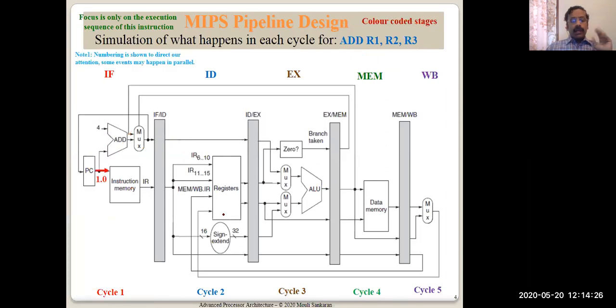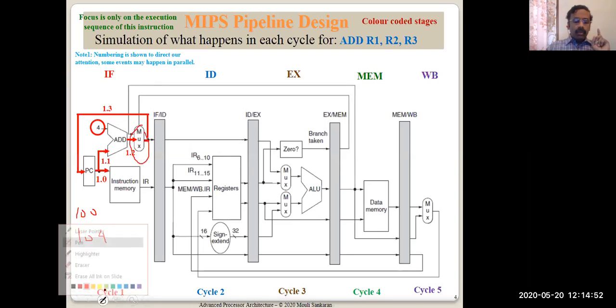So you can imagine now what the next action will be. I'm showing the same signal is coming. 4 is permanently given as an input. So this adder adds 4 to the current existing PC. Suppose the current PC is 100, it will be incremented to 104 and loaded into PC. So it is coming out and loaded. Now remember there is a MUX there.